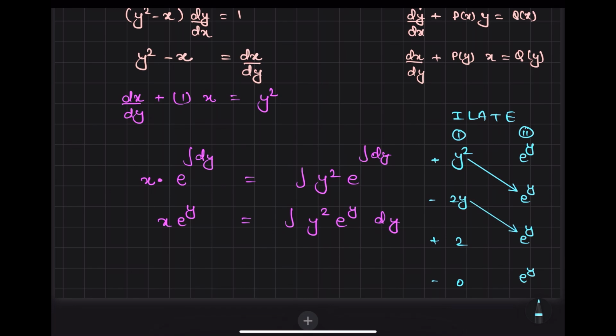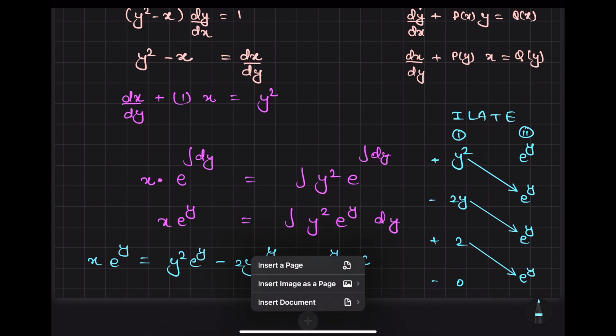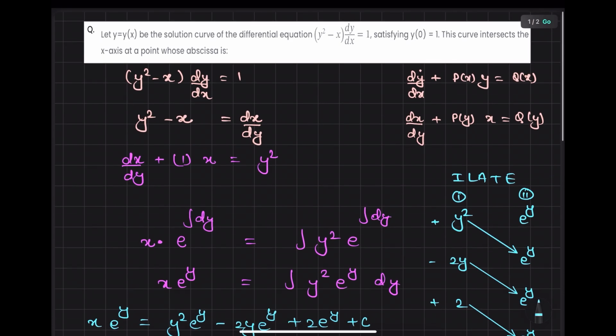So x e^y equals y² e^y minus 2y e^y plus 2 e^y plus the integration constant c.